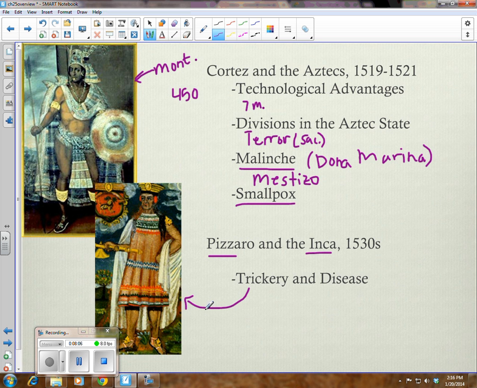And then Pizarro killed the king. He beheaded him. And then also, again, the disease was really the blow. The straw that broke the camel's back, you could say.